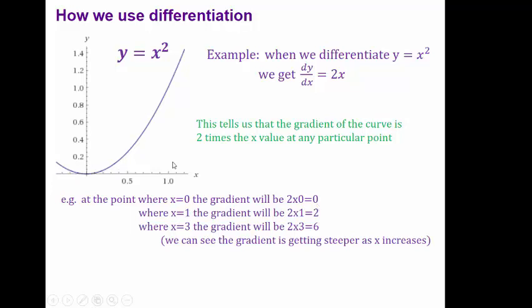When x is 1, here it turns out that the gradient is 2. When x is 3, off the chart up here, the gradient is 2 times 3, which is 6. So we can see the gradient is getting steeper. But the point is, whatever value of x we substitute into 2x, that will give us the gradient at that point on the curve. So we can't get more accurate than that.